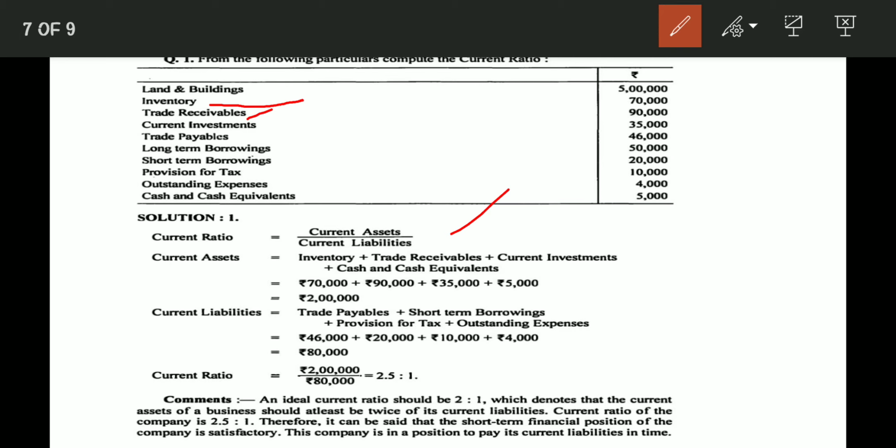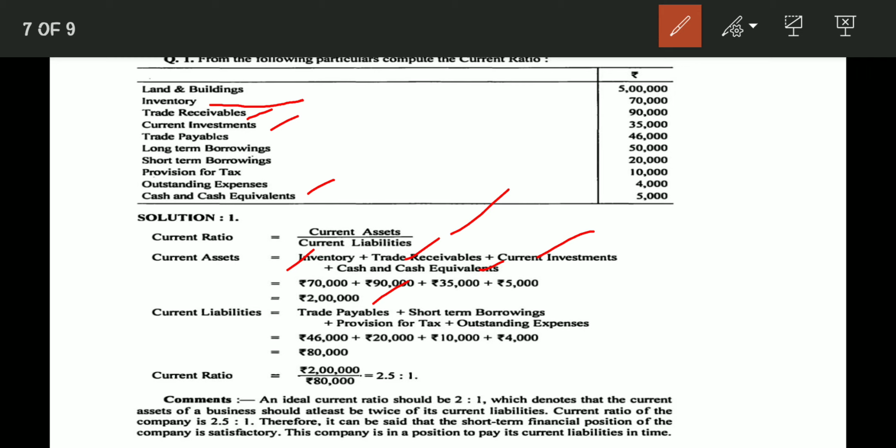Trade receivables, current investment, and cash and cash equivalents. Inventory plus trade receivables plus current investment and cash equivalents: 70,000 is inventory, 90,000 is trade receivables, 35,000 is current investment, 5,000 is cash and cash equivalents. So we got current assets as 2 lakh.